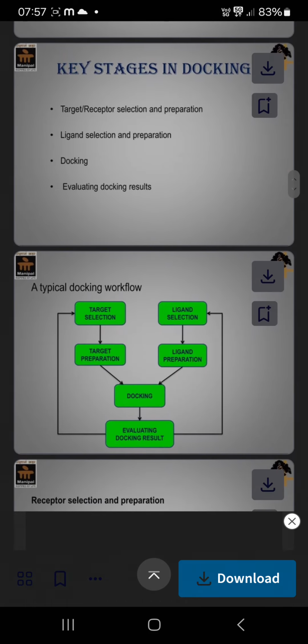Now, a typical docking workflow you can see here: target selection, ligand preparation, target preparation, docking, and evaluating docking results.